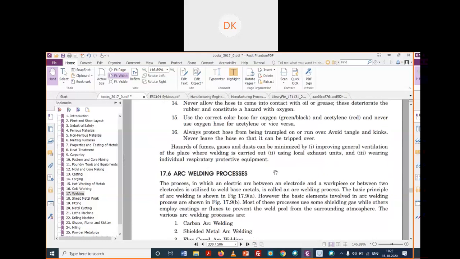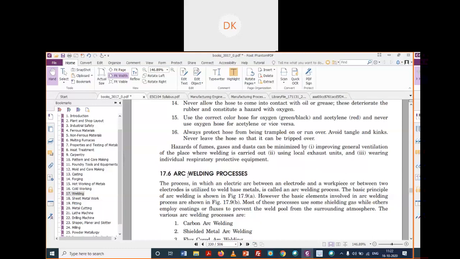If the oxygen is in excess, we get the oxidizing flame. If the acetylene is in excess, we get the carburizing flame, and if both are in proportion, we get the neutral flame.